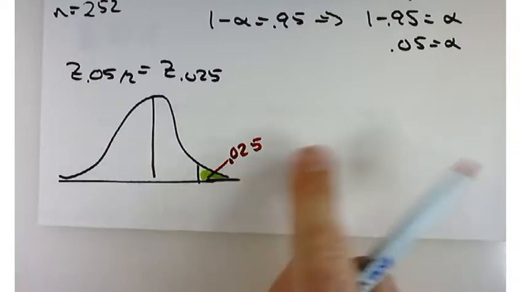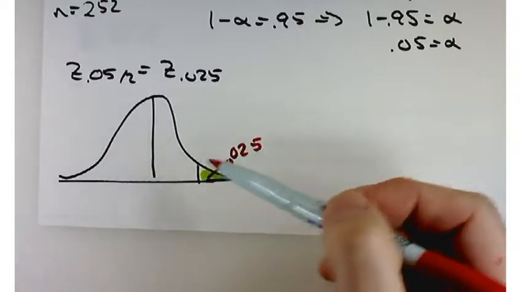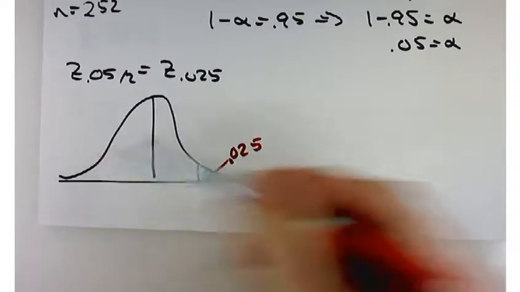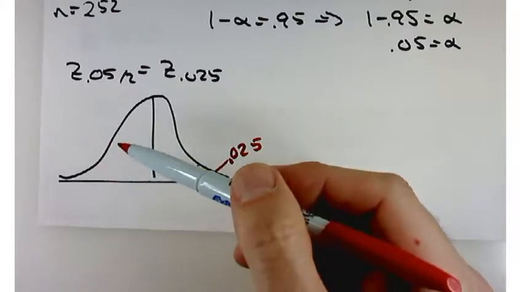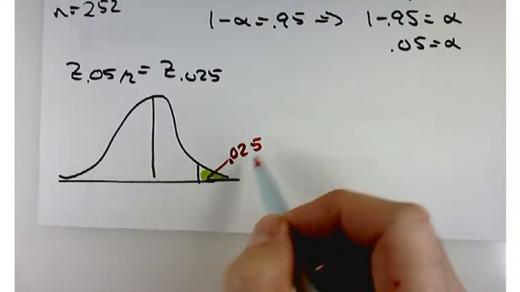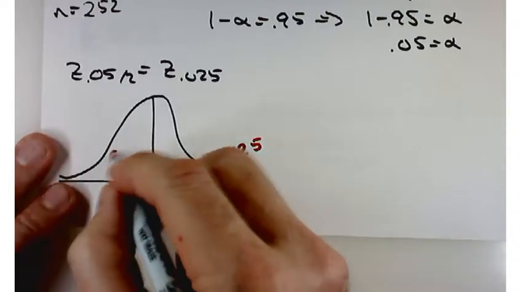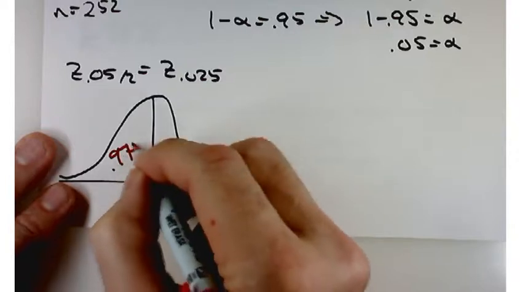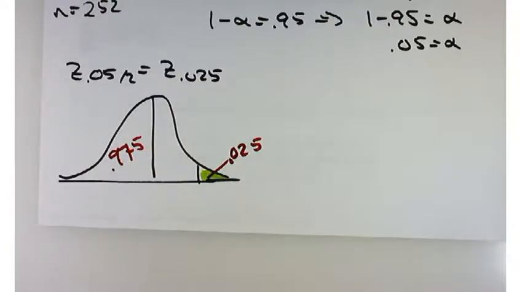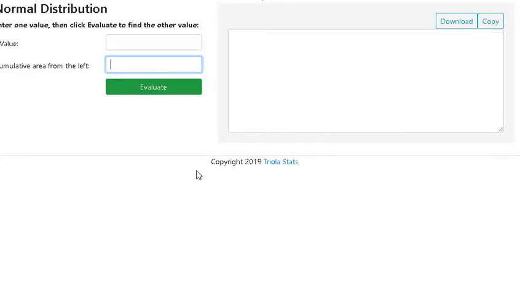So if 2.5% of the area is here, how much of the area is over here? 2.5%, not 25%. 97.5%, right, or 0.975.